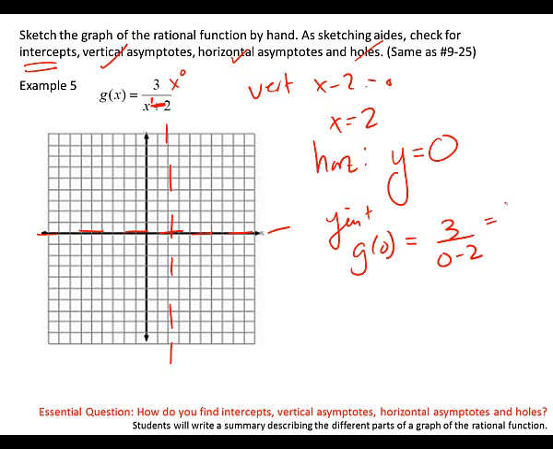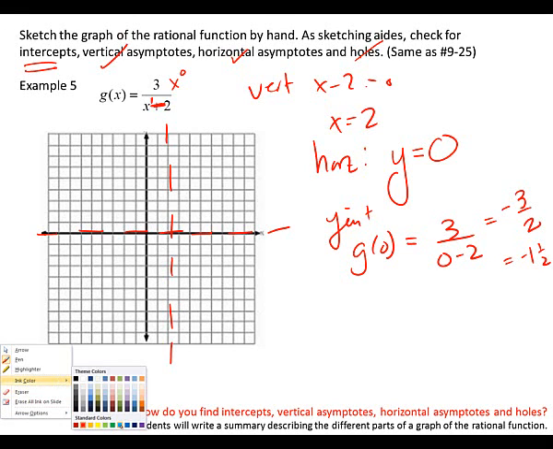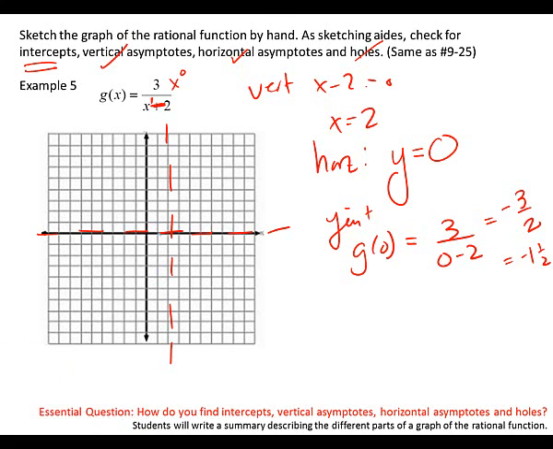What does that end up being? 3 over negative 2, which is the same as negative 1.5. So I have a dot at 0, negative 1.5.